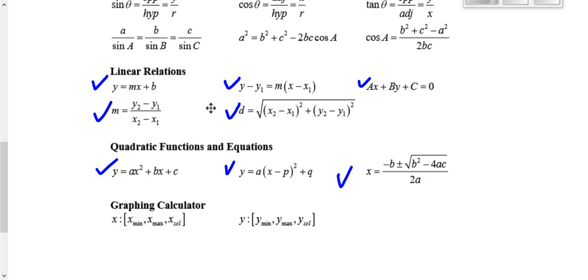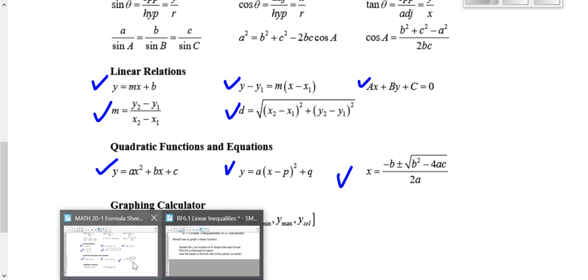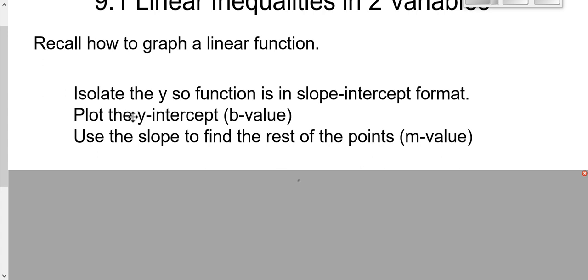this is the slope-intercept form. Then you plot the y-intercept, the b value, and use the slope, the m value, to find the rest of the points. So your slope-intercept form is y equals mx plus b.